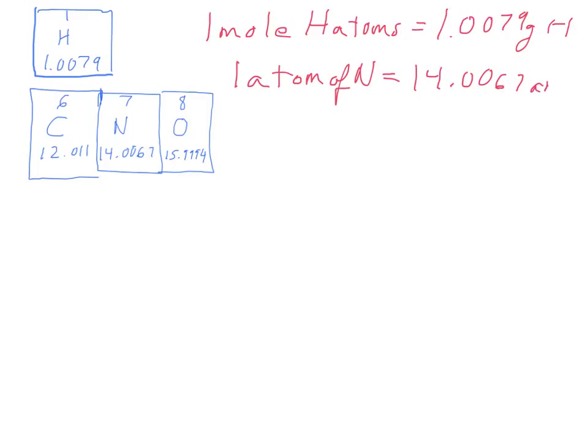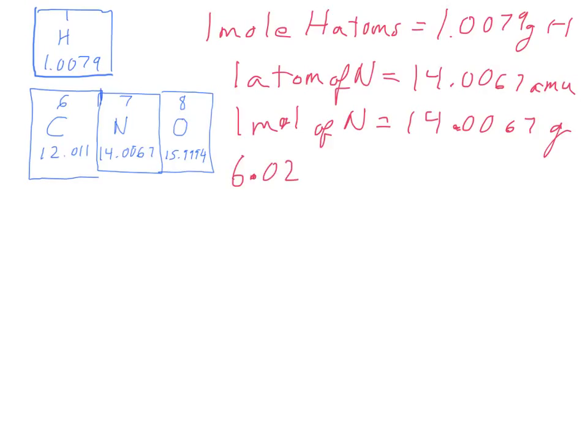14.0067 AMU. If I have 1 mole of nitrogen atoms, then I have 14.0067 grams of nitrogen atoms. If I have 6.022 times 10 to the 23rd nitrogen atoms, then I have 14.0067 grams of nitrogen.